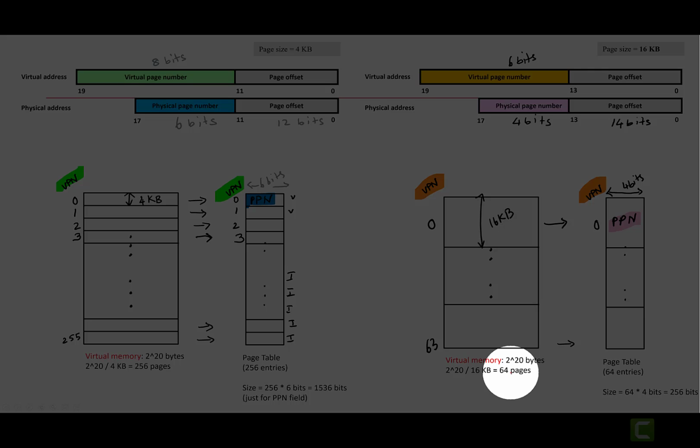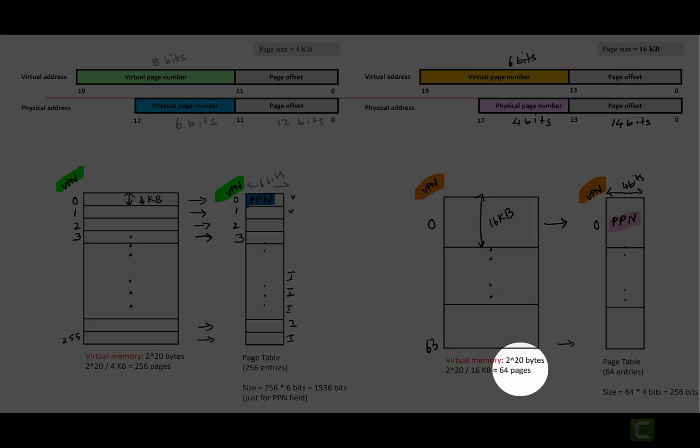A simpler way to think about it is I had 256 pages before, but now I have multiplied the page size by 4. So that means I need to divide the number of pages I had by 4. So 256 by 4 would get me to 64 pages.